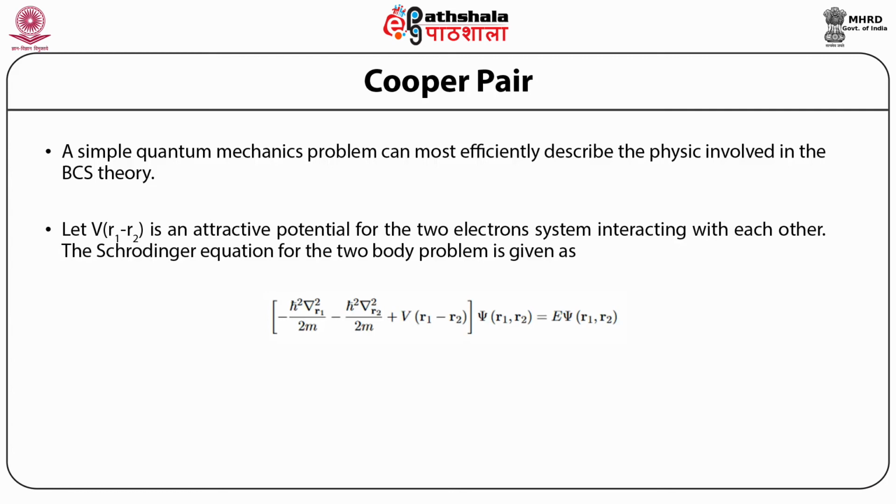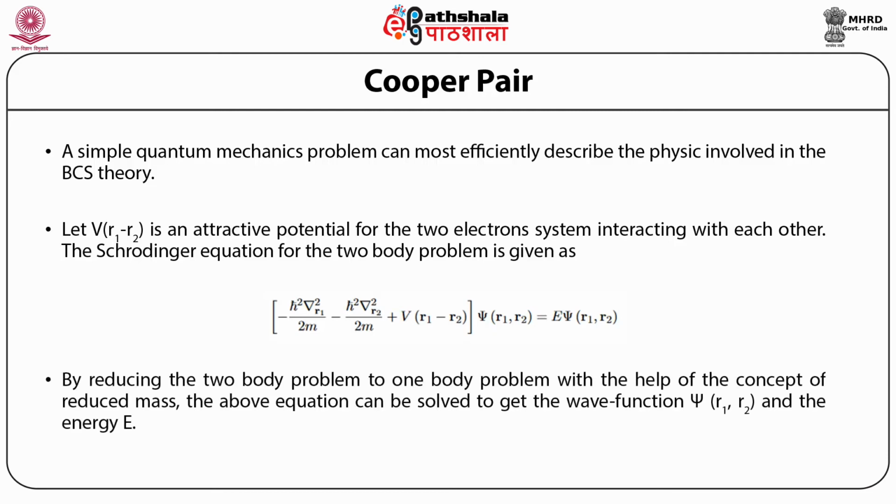The Schrödinger equation for the two-body problem is given as: within brackets, minus h-bar squared del r1 squared by 2m, minus h-bar squared del r2 squared by 2m, plus V of r1 minus r2, brackets close, into psi of r1, r2, is equal to E into psi of r1, r2.